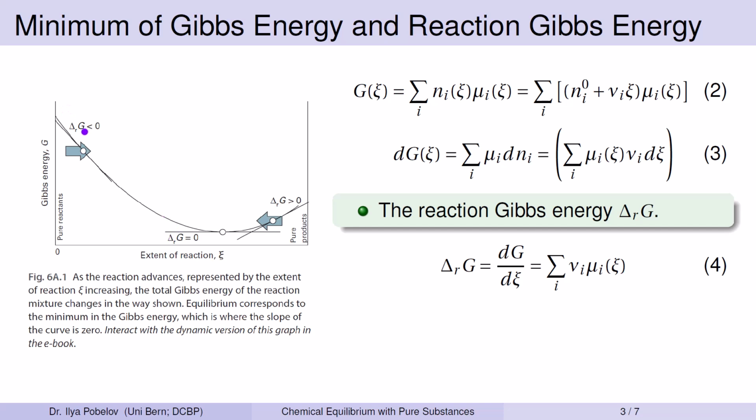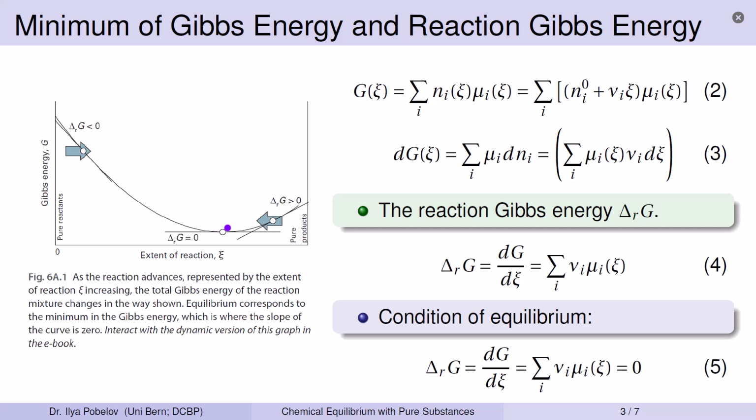The spontaneous direction of reaction lies in the direction of decreasing G, and the sign of the reaction Gibbs energy indicates the spontaneous direction. If the reaction Gibbs energy is negative, the reaction spontaneously proceeds forwards. If it is positive, the reverse reaction is favored. At equilibrium, the reaction Gibbs energy equals 0. Hence, to find the equilibrium composition, we identify the point where this condition holds true.